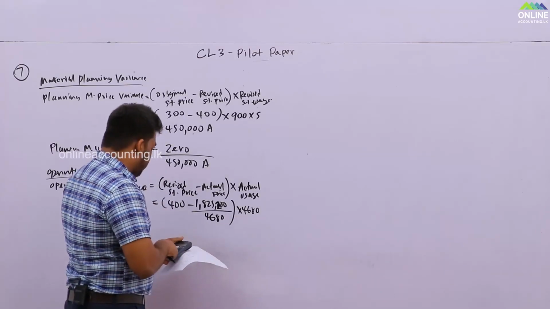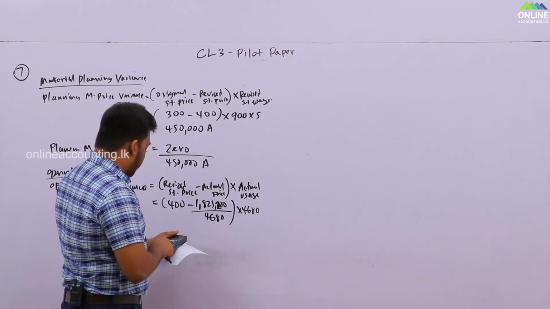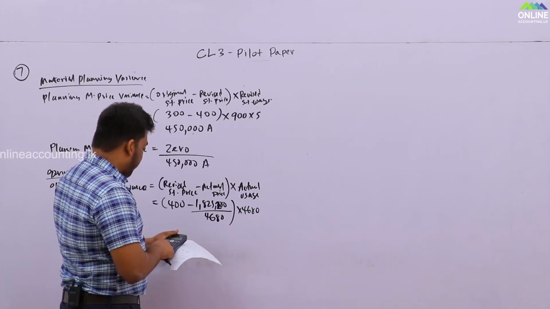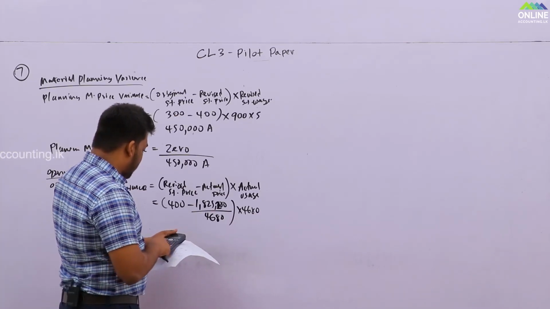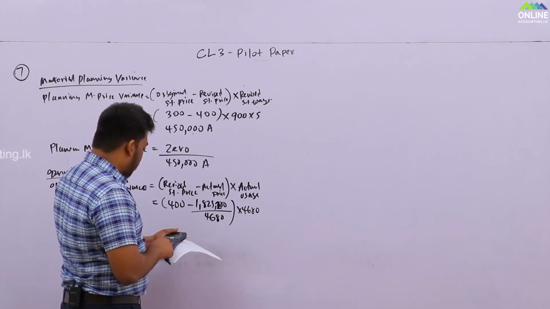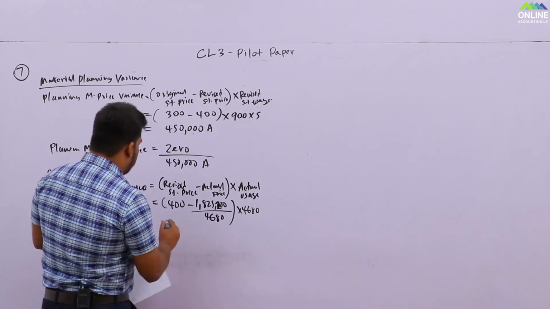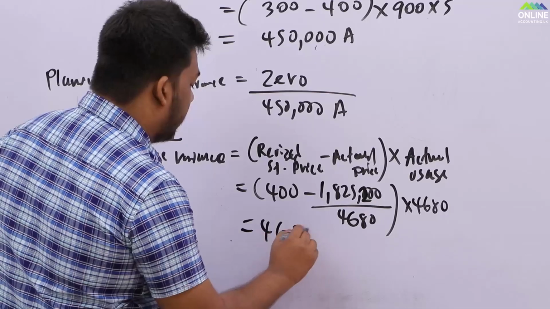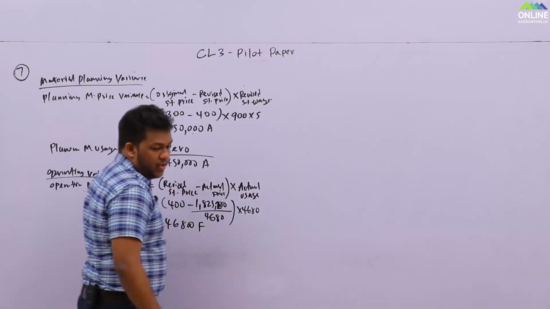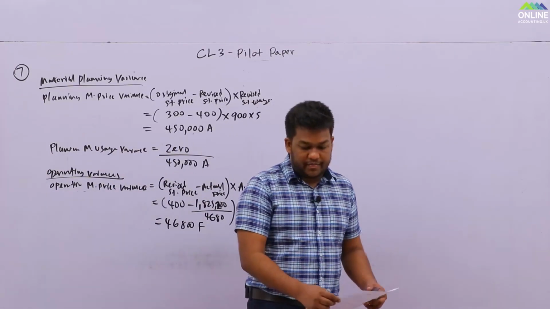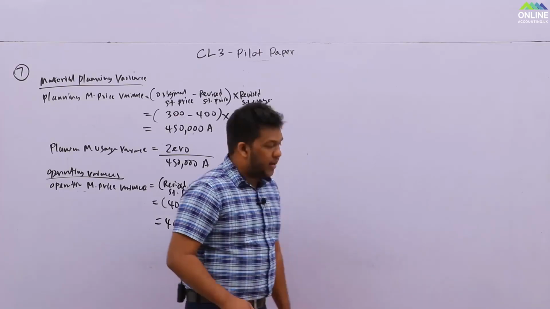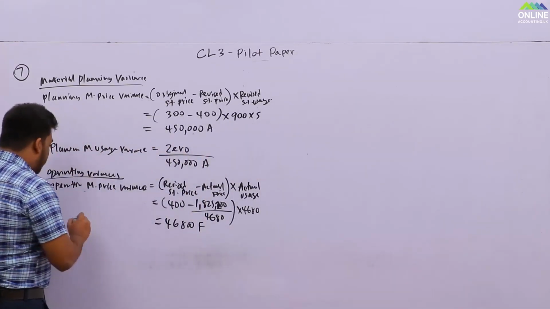So divide 1,825,200 by 4680, that is 390. So 400 minus 390 into 4680, that is 46,800 favorable. Then the last one, operating usage.